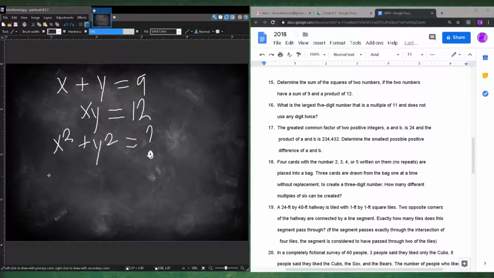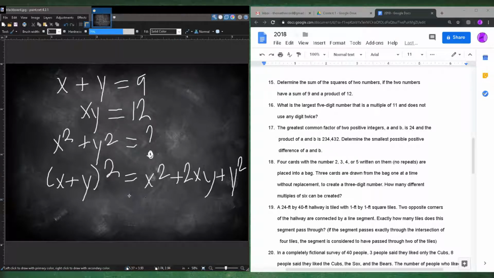If you want the squares, couldn't you just raise them to the power of 2? I know it looks like it's already raised to the power of 2, but what I'm saying is, why wouldn't we just take x plus y and raise that to the power of 2? If we expand it, we have x squared, then x times y and y times x, which is 2xy, plus y squared, right?